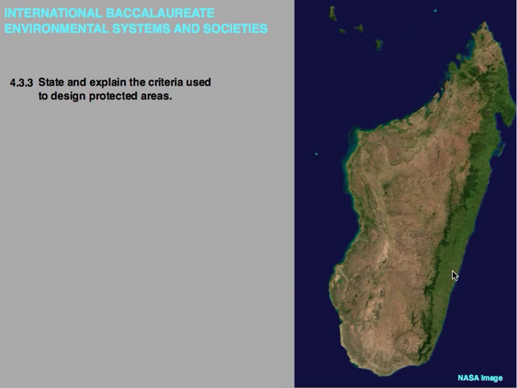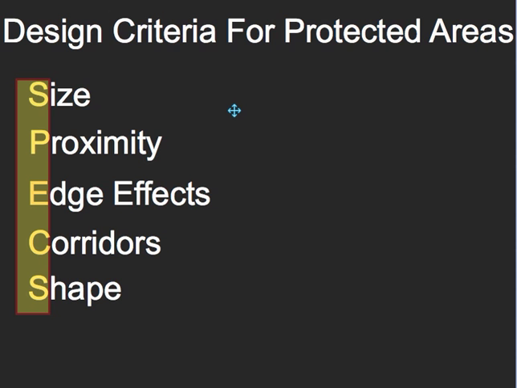So topic 4.3.3 is focused mainly on the specs, if you like, the design criteria for protected areas. And specs is a very appropriate acronym for remembering some of the key criteria required in the design of protected areas.